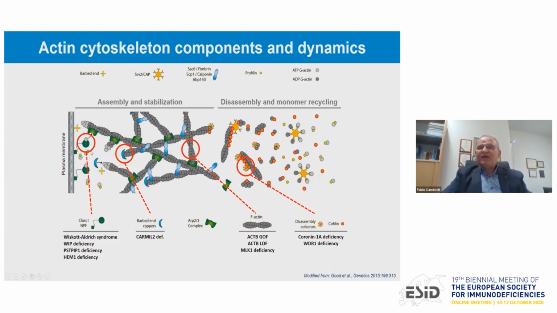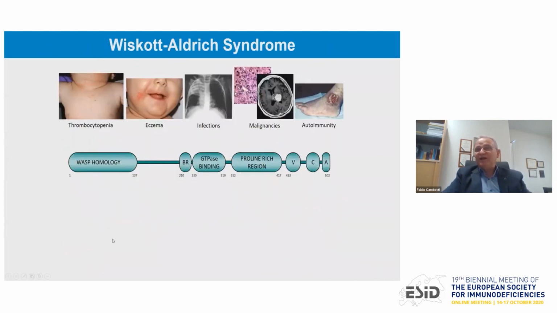And these affect a series of nucleation promoting factors, among which the Wiskott-Aldrich syndrome protein. This is a protein that is mutated in a well-known disease, the Wiskott-Aldrich syndrome, that presents with thrombocytopenia, eczema, infections, malignancy, and susceptibility to autoimmunity.